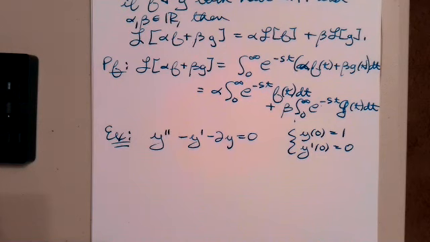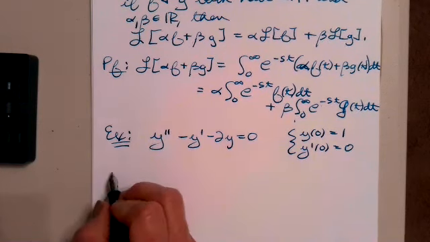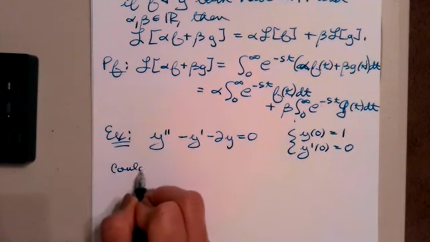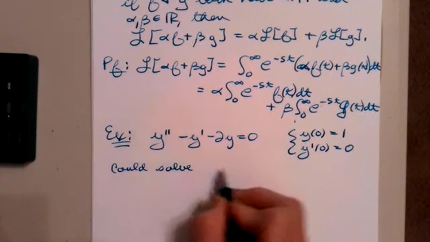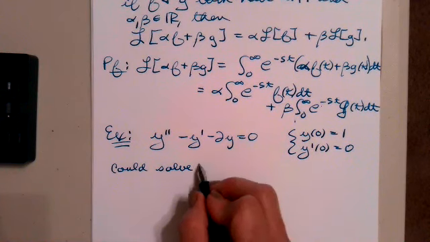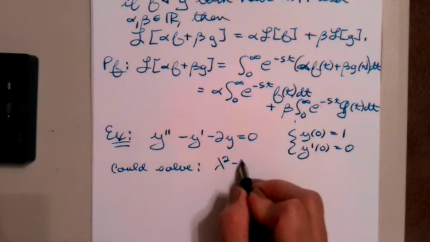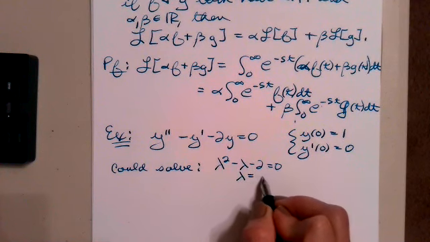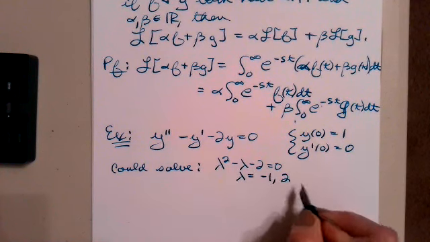All right. So one way we could solve this is by the method of finding the eigenvalues like we did before. You would have lambda squared minus lambda minus 2 equals 0. So that would tell you lambda is minus 1 or plus 2.